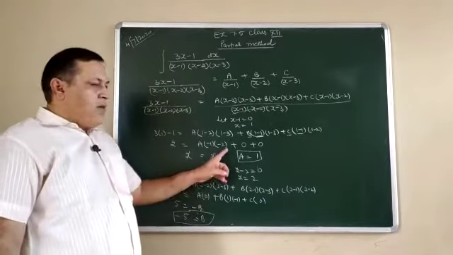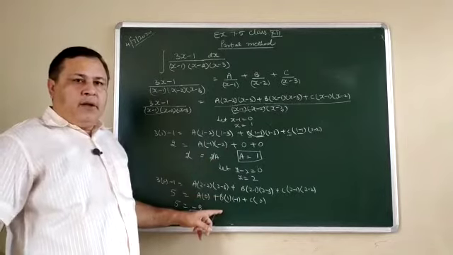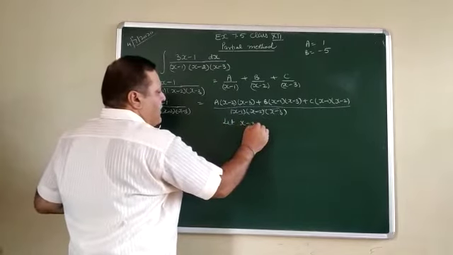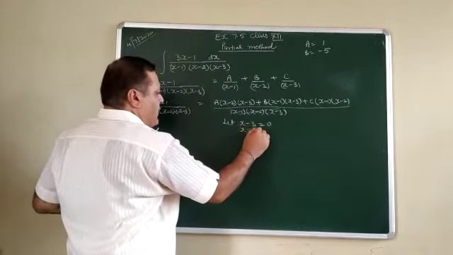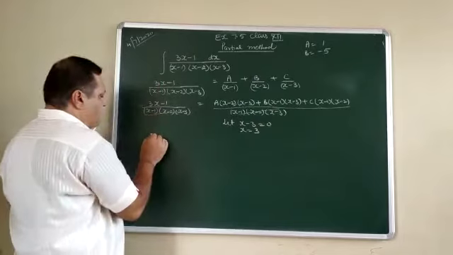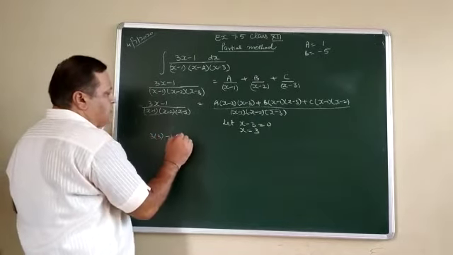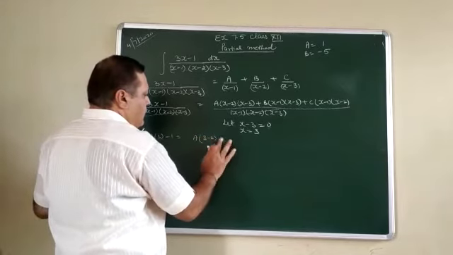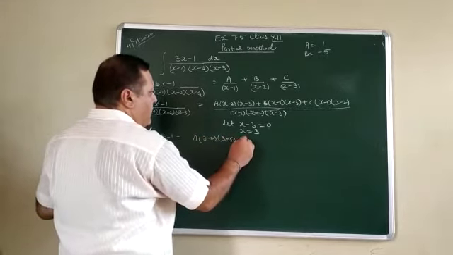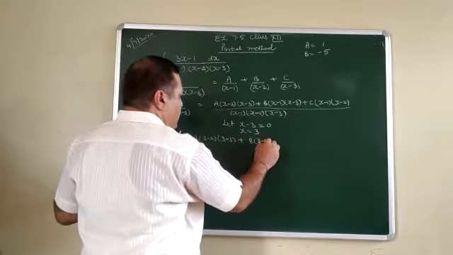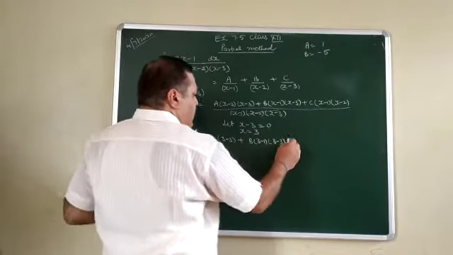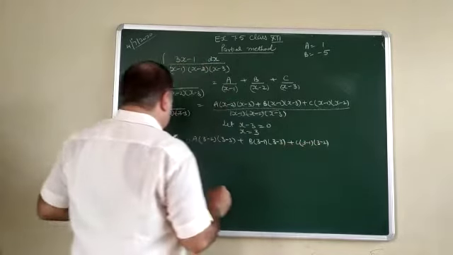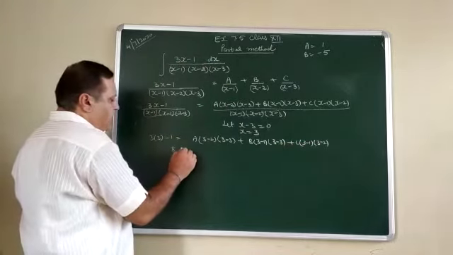Now see, we have found the two values A and B. Now let x minus 3 equal 0, then x is equal to 3. It is 3 into (3 minus 1) is equal to A into (3 minus 2)(3 minus 3) plus B into (3 minus 1)(3 minus 3) plus C into (3 minus 1)(3 minus 2). 3 threes are 9, 9 minus 1 is 8.